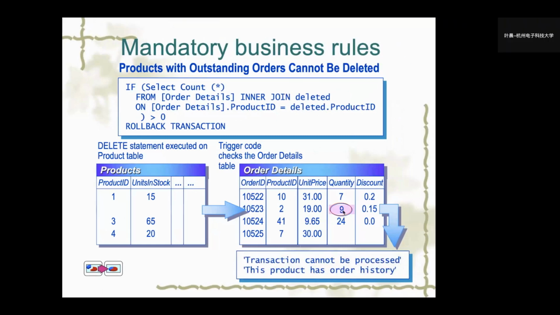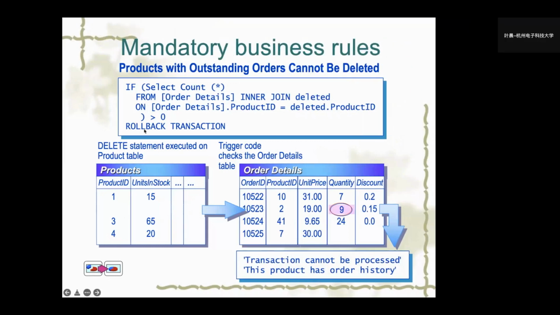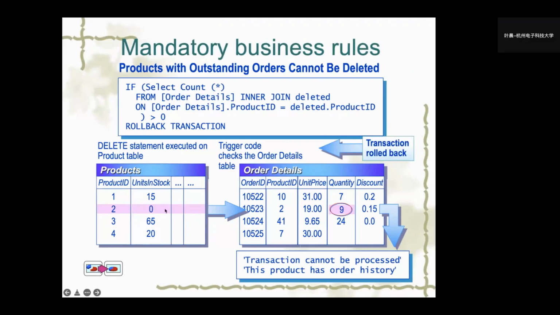And it will find that this transaction cannot be processed because these objects have order history. So it will roll back the transaction, which will not allow you to delete this record. So it will appear here. It means you can't just delete it.